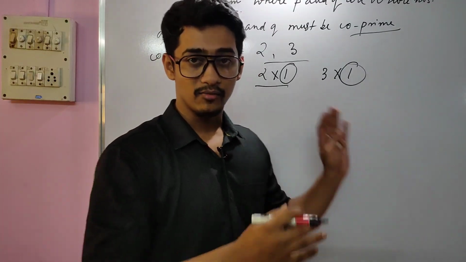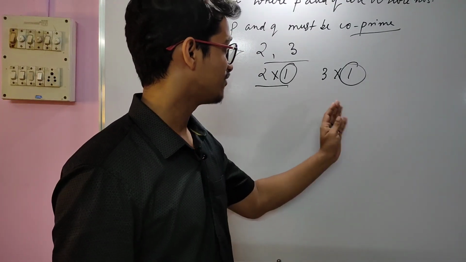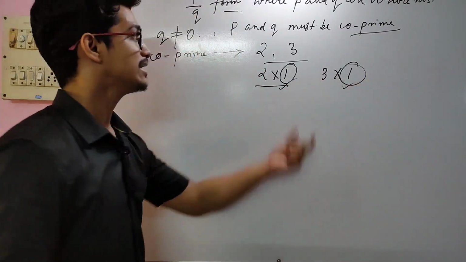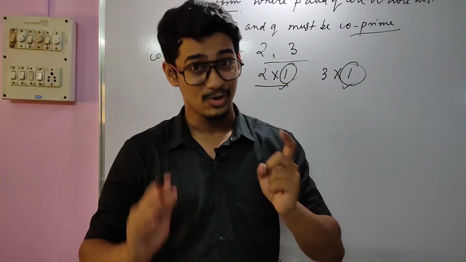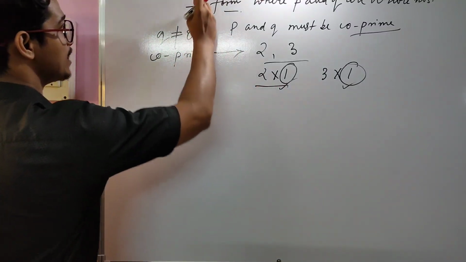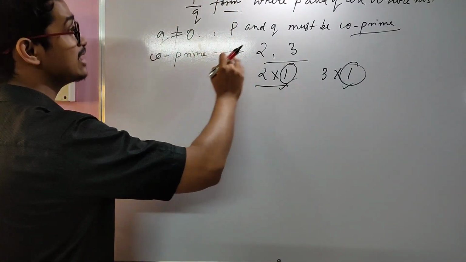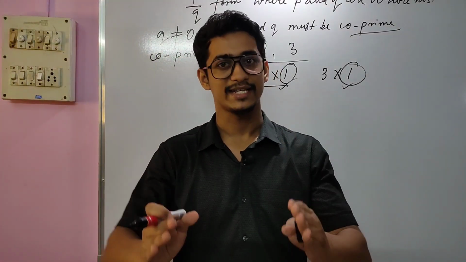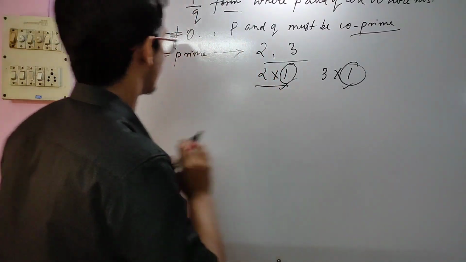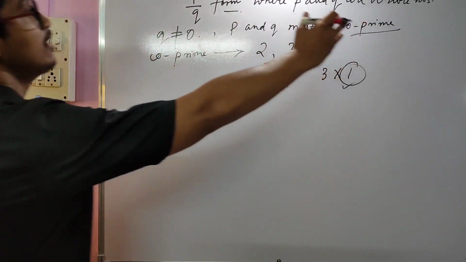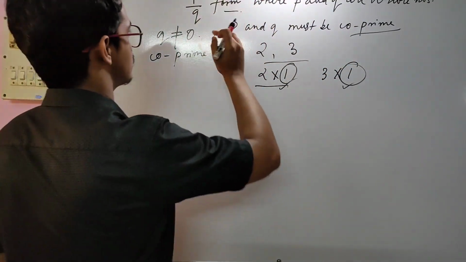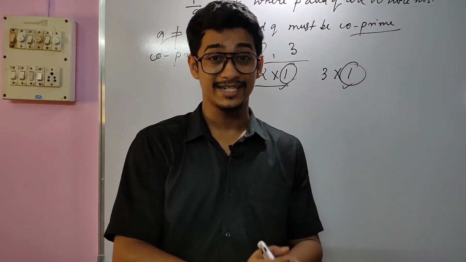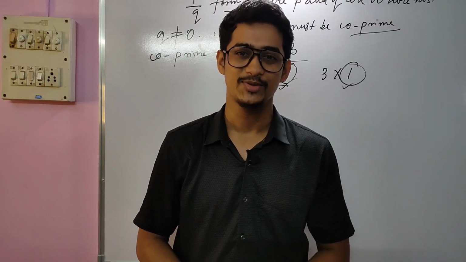Like that way, when two numbers have only one common factor, that is 1 only, then we can say that these two numbers are co-prime. So like that way, P and Q must be co-prime. That means P and Q must have only one common factor, that is 1 only. Alright, so that is the mathematical definition of fraction, that is P by Q form, where P and Q are whole numbers and Q not equal to 0.